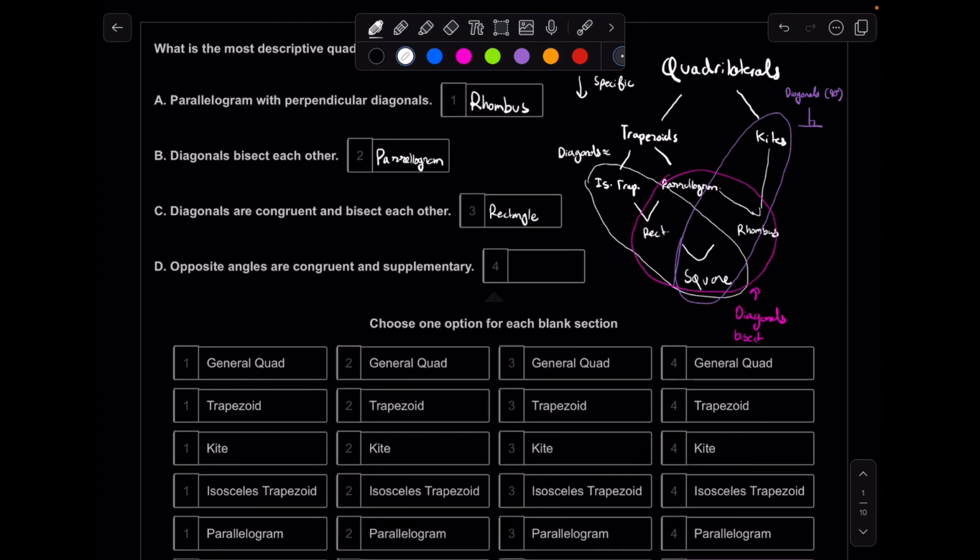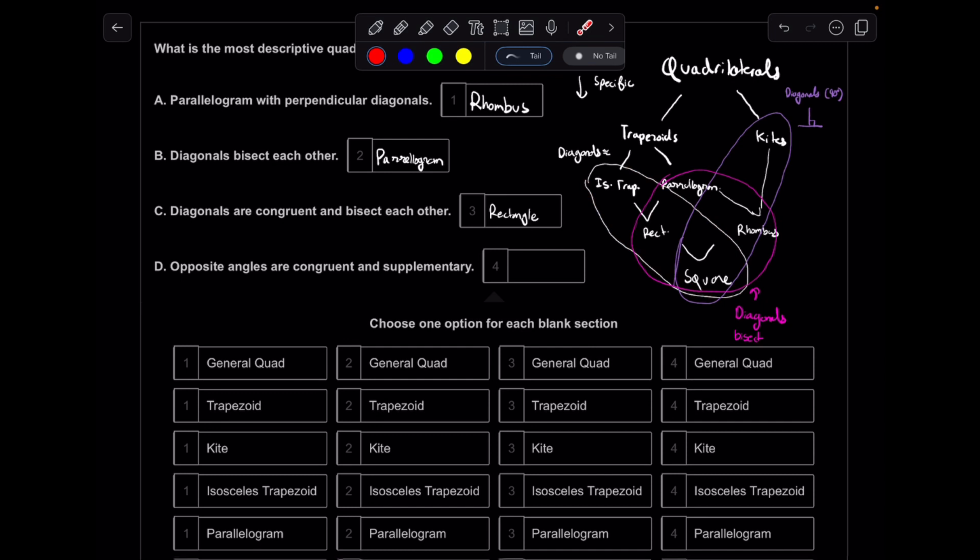Okay, next one. Opposite angles are congruent and supplementary. I want you guys to give this one a try. See if you guys can solve it. Okay, hopefully that was enough time, because this was a harder problem. So they give us that diagonals are congruent, so we're looking at this one, and they're supplementary.